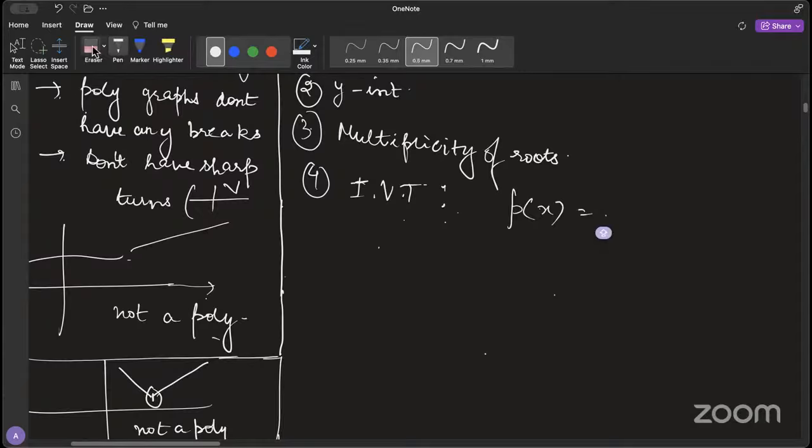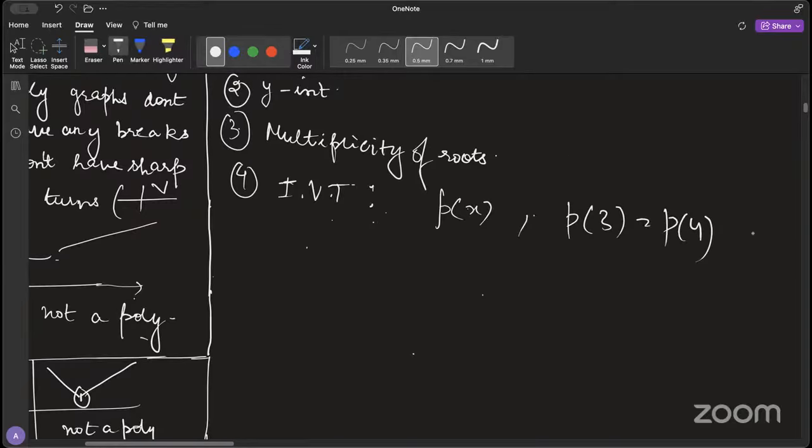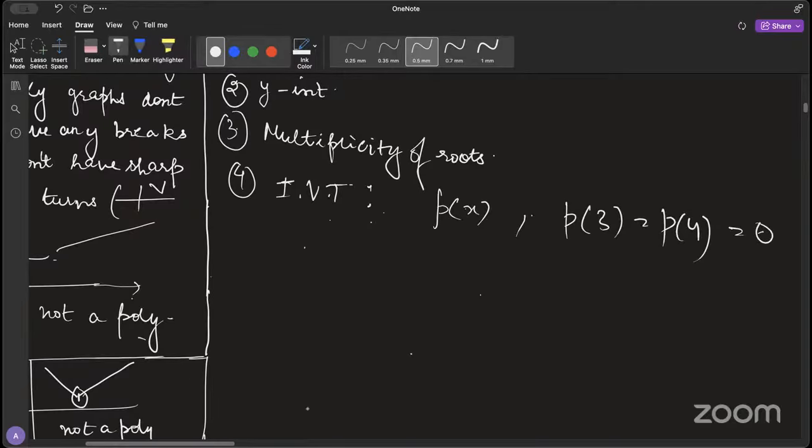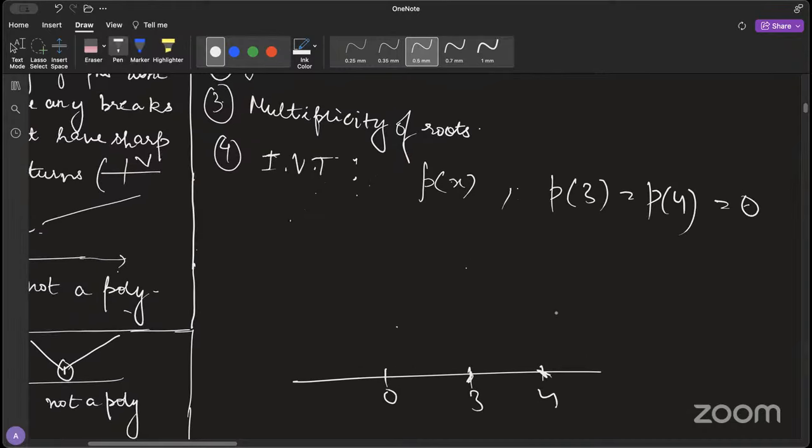If you have a polynomial p(x), and let's take p of 3 equals 1 and p of 4 equals 2.